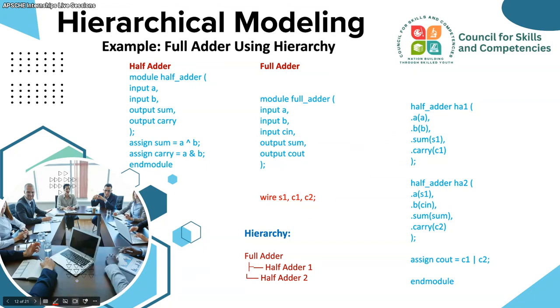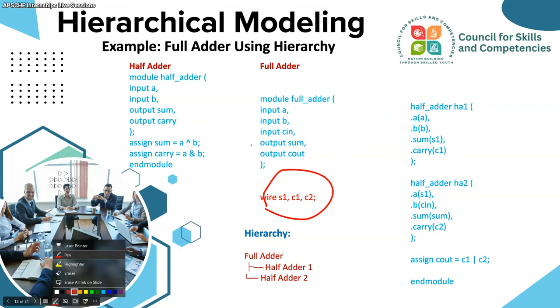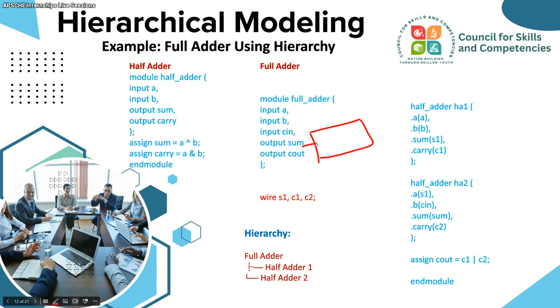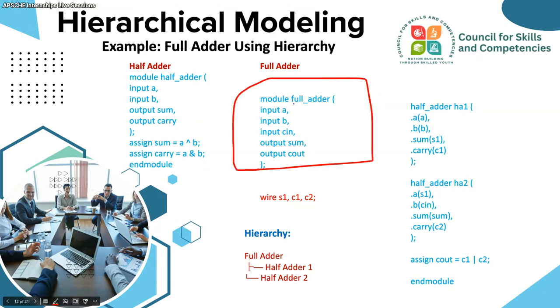This is what you have to understand, so you will be able to understand about the wire. For the half adder the inputs are already predefined, but in the full adder there are some unknown connections that we want to take care of. So now we have created the full adder, but how are we going to map these inputs with the half adder?